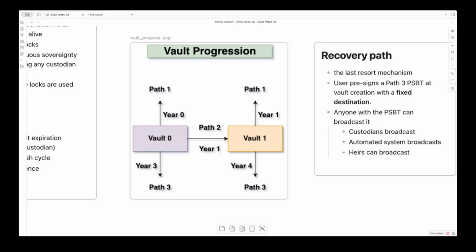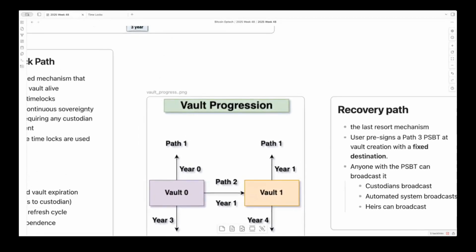So this new vault gets created. Now you have path one and path three, but path three, relative to the time when you started, gets pushed to year 4. So now you are in year 1, and you will be able to spend from this vault at year 4. So this is how vaults are progressed over time.